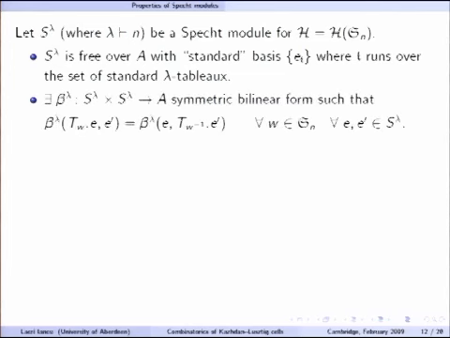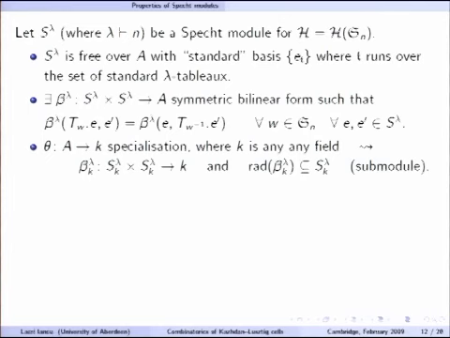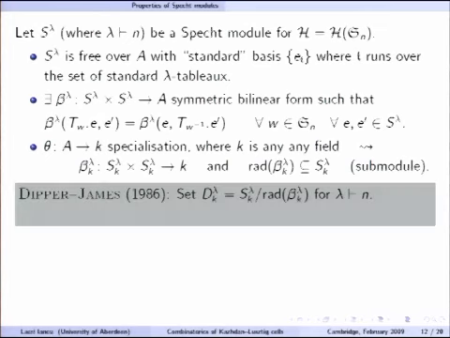And such a Specht module comes equipped with a symmetric bilinear form, which is also H equivariant. And, well, under specialization, you get some specialized bilinear form there. And you can think of the radical, which is actually a submodule of S lambda k.